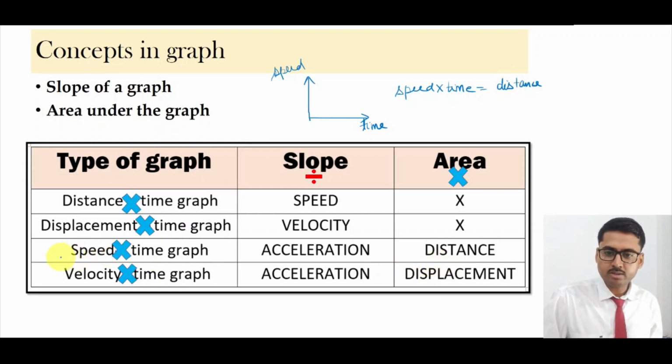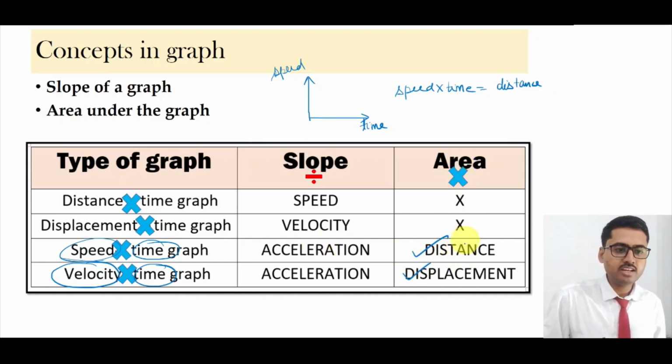So when we multiply speed with time, we get distance. If we multiply velocity with time, we get displacement. So this is very intuitive, what we are getting when we are calculating area under the graph.